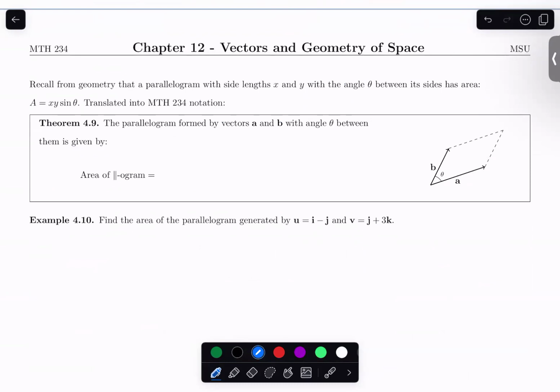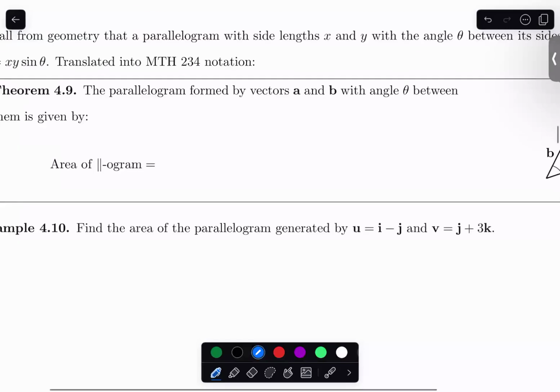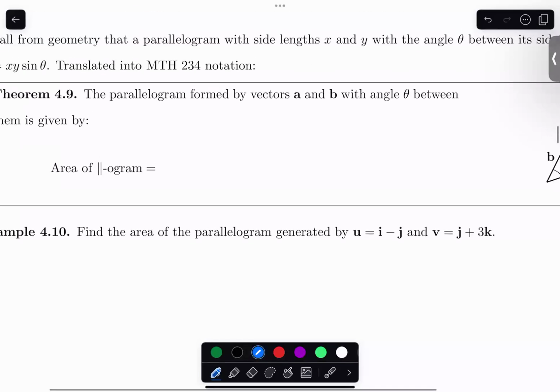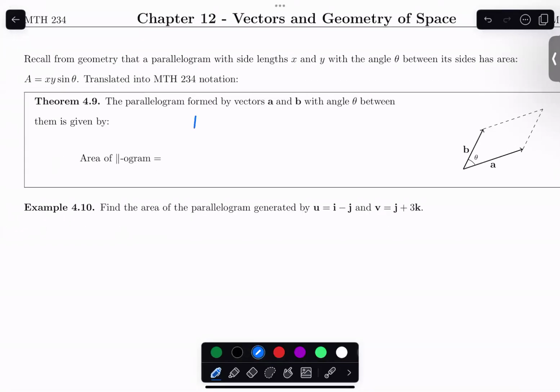So maybe in your favorite geometry class you would have gotten that the area of a parallelogram is x times y times the sine of the angle between those sides. So if you had a parallelogram with side lengths x and y and angle theta, this is the area formula for a parallelogram.